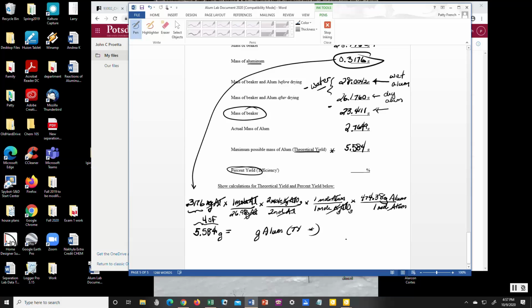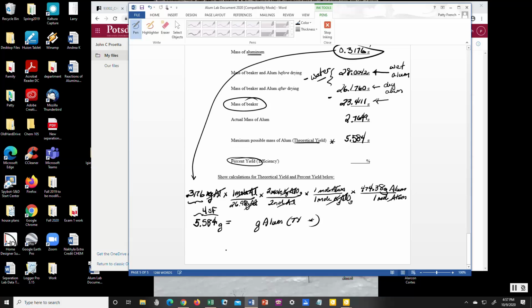The last thing I want to know is the percent yield, and the percent yield is an easy calculation. Percent yield is actual yield divided by theoretical yield, times 100%. So here's my actual yield. Here's my theoretical yield.